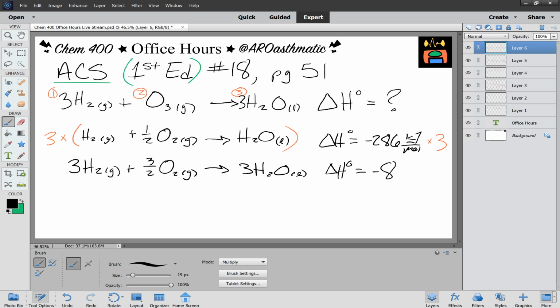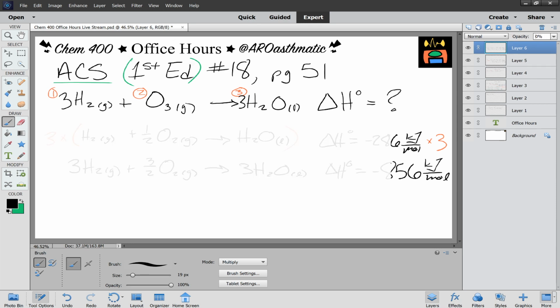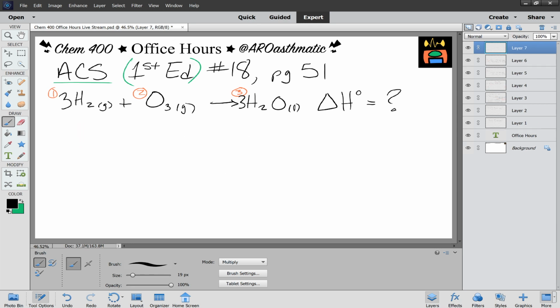So that's negative 858 kilojoules per mole. All right. So I'm going to store that reaction away.